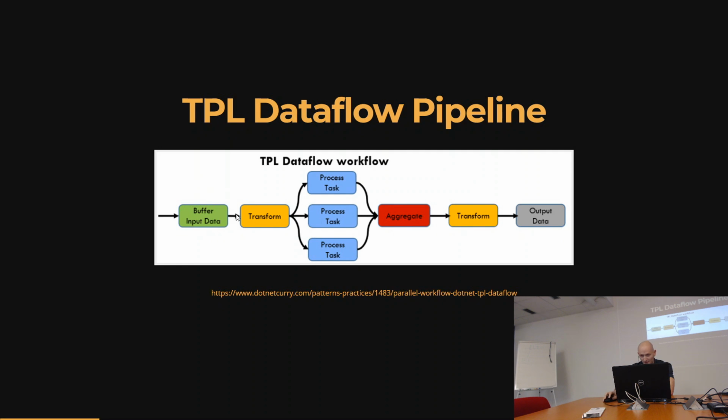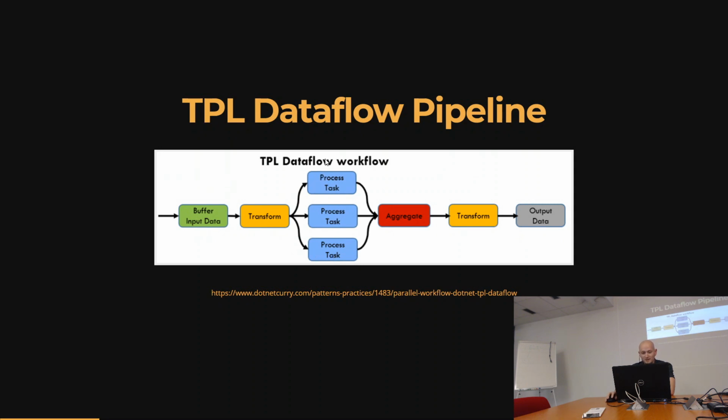So, for example, if you had a workflow like this, you might have some input data, some buffer that, for example, processes some IoT data or the vehicle positions. So you will receive the data as a byte stream. Then you might transform the data to your domain objects, process the data in parallel. That's why there are multiple tasks here.